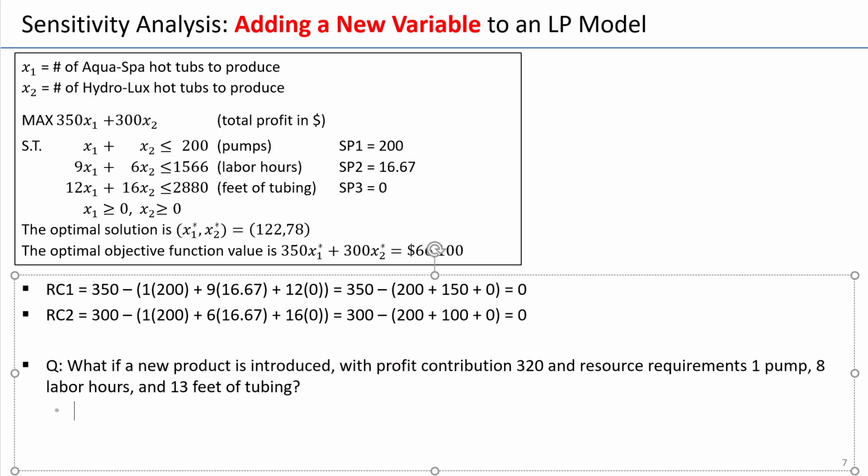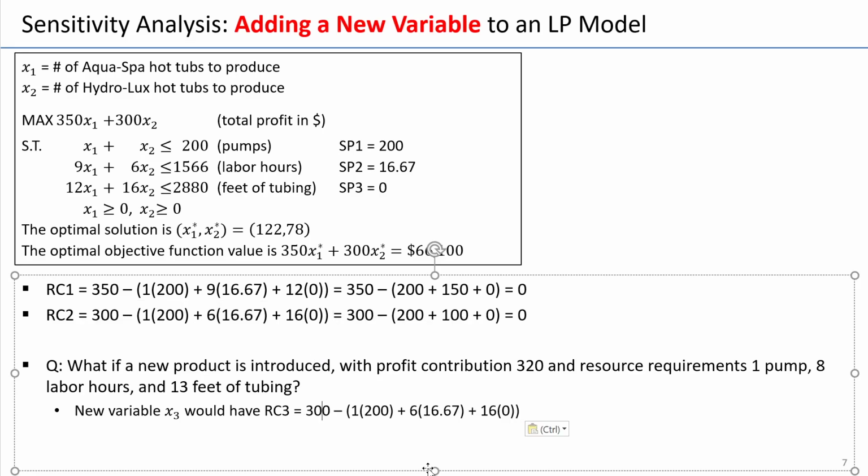What can we say about this? So this would be like introducing a new decision variable, right? We could call it x3, since the first two variables were x1, x2, right? And then what's surprising, like I said, is that we can calculate its reduced cost, the same way as here, right?